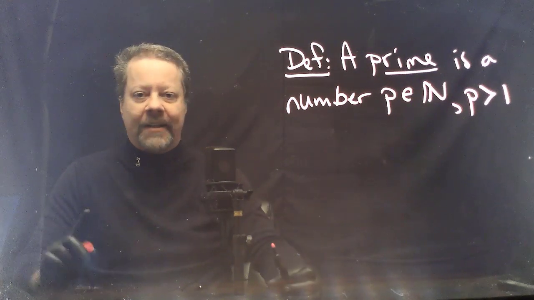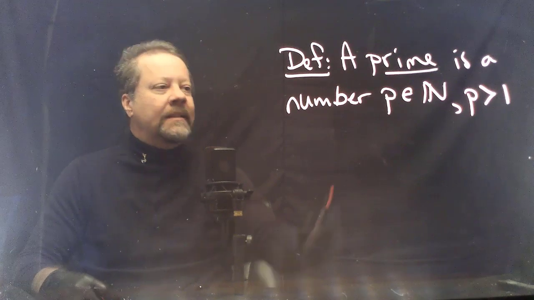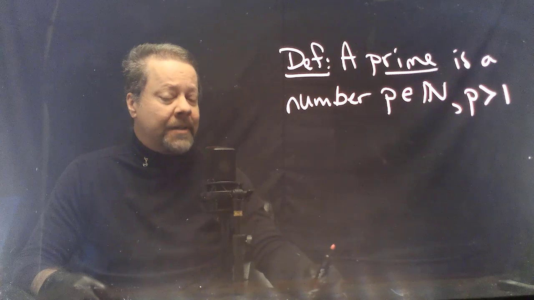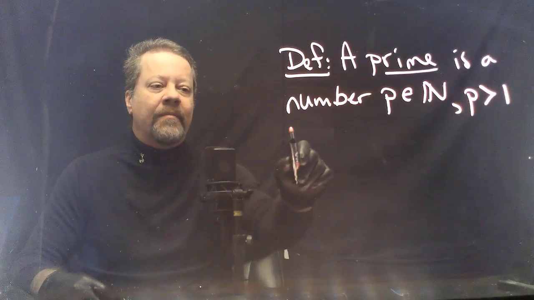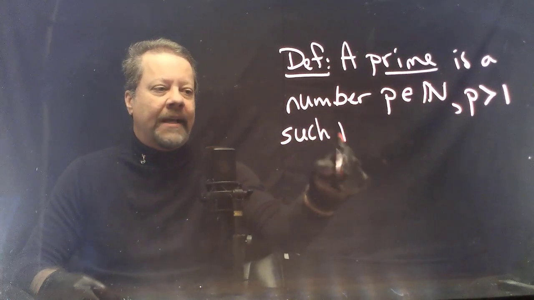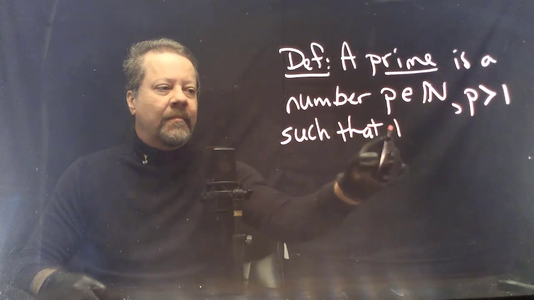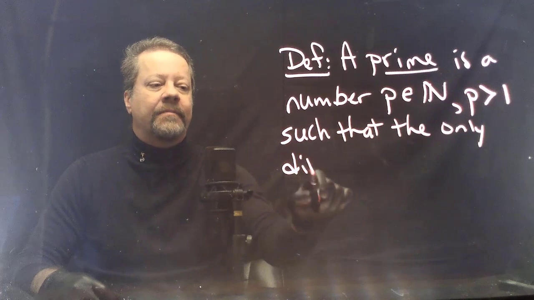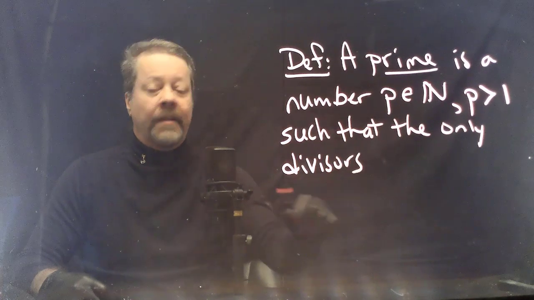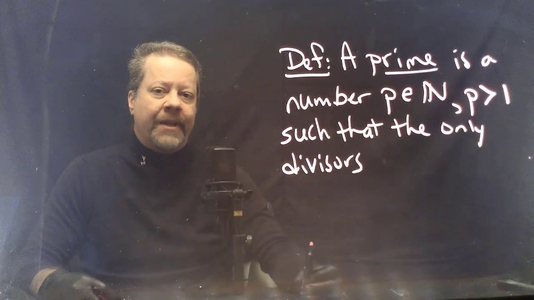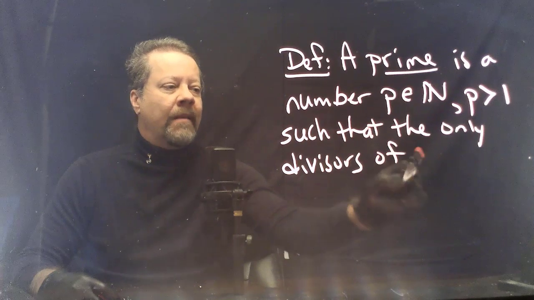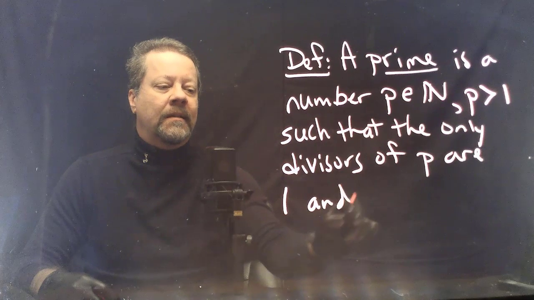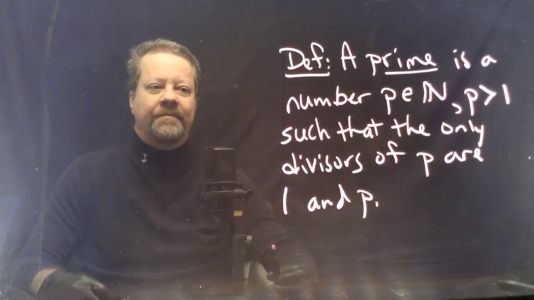Negative 1 might also be considered a unit in some ways, but in any case, a prime is a number p, element of the natural numbers, p greater than 1, such that the only divisors, these are numbers that divide evenly with remainder equal to 0, of p are 1 and p itself.